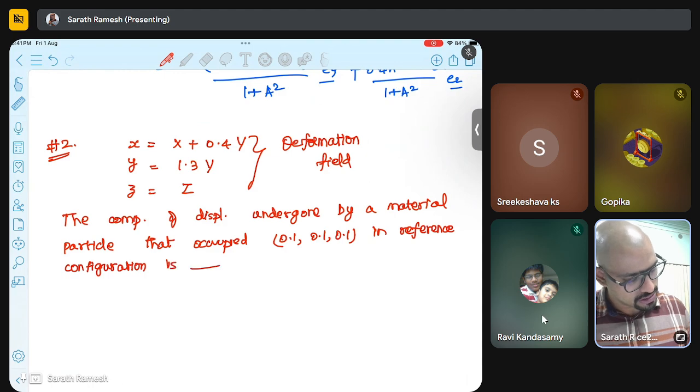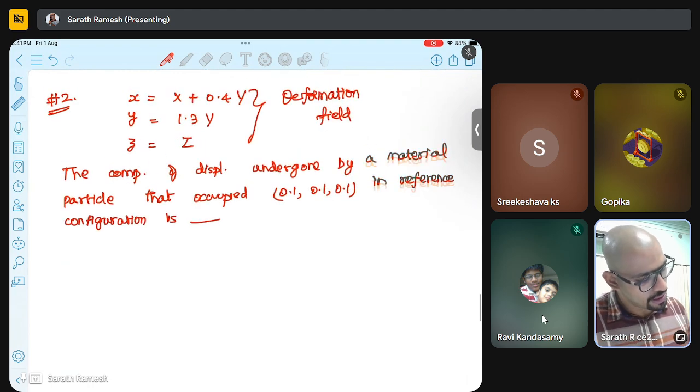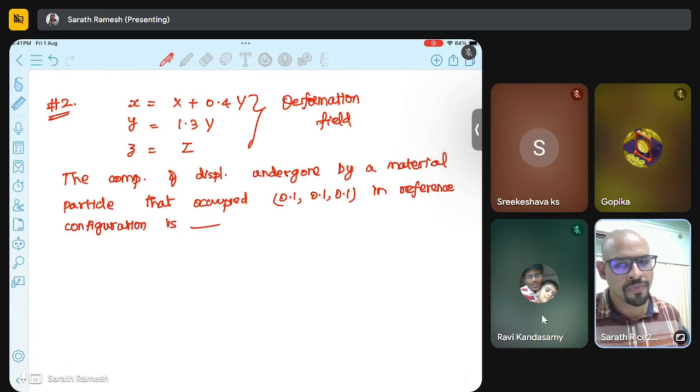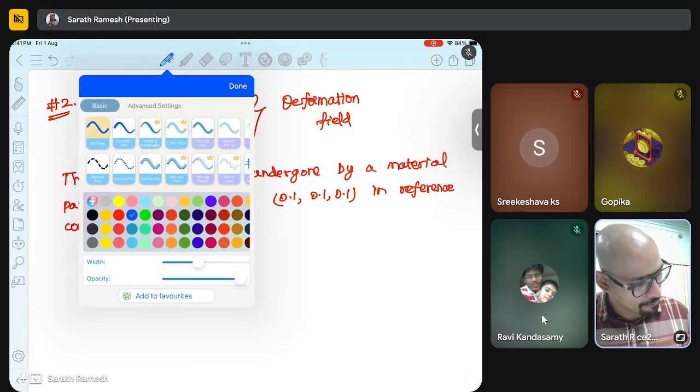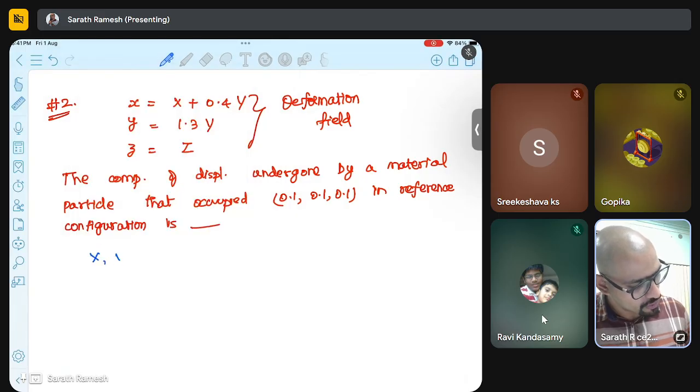So we need to find the component of displacement undergone by a material particle that occupied point 0.1, 0.1, 0.1 in reference configuration. So let's solve it. Given capital X, capital Y, capital Z is 0.1, 0.1, 0.1.